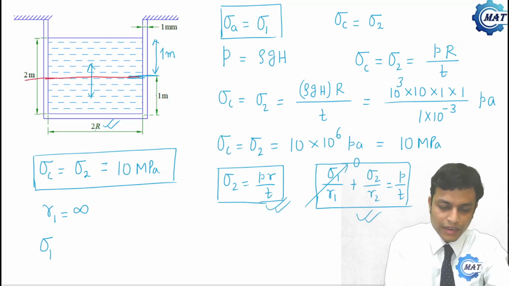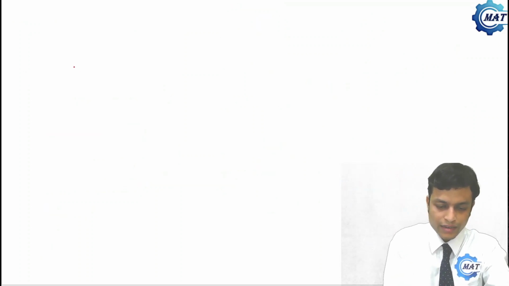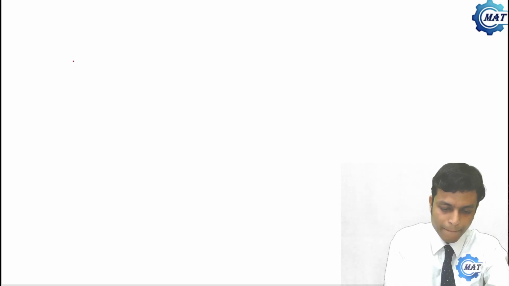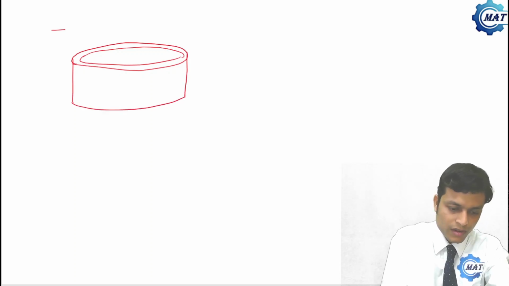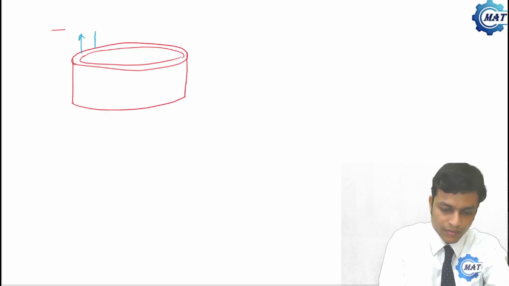So at this level, if we take a section, it will look like this. At this section, this is the vessel, and how is sigma 1 acting? Sigma 1 is acting on this area.